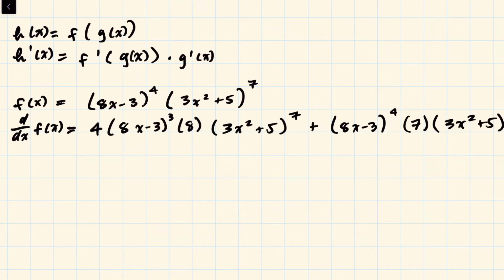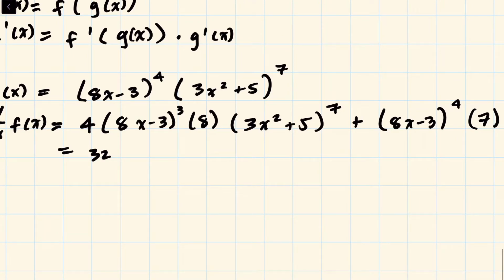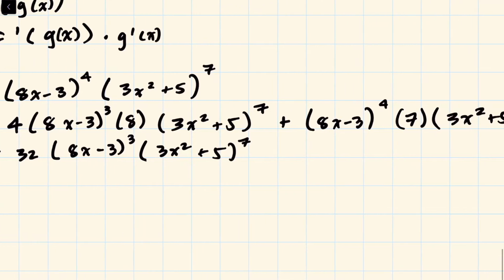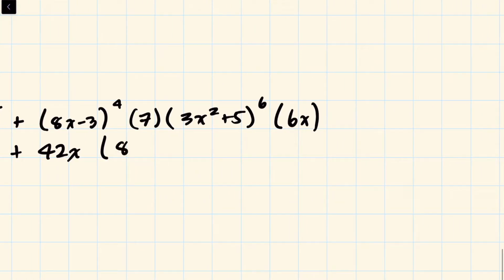I'm going to multiply the 4 and the 8 to get 32, times (8x minus 3) cubed, (3x squared plus 5) to the 7th. Then I'll multiply the 7 and the 6x: 7 times 6 is 42x, times (8x minus 3) to the 4th, (3x squared plus 5) to the 6th.